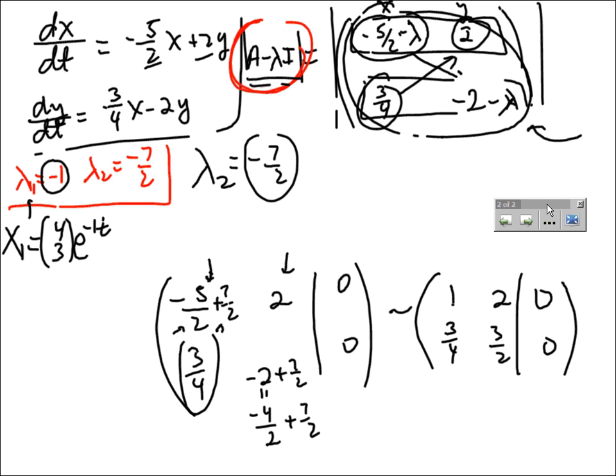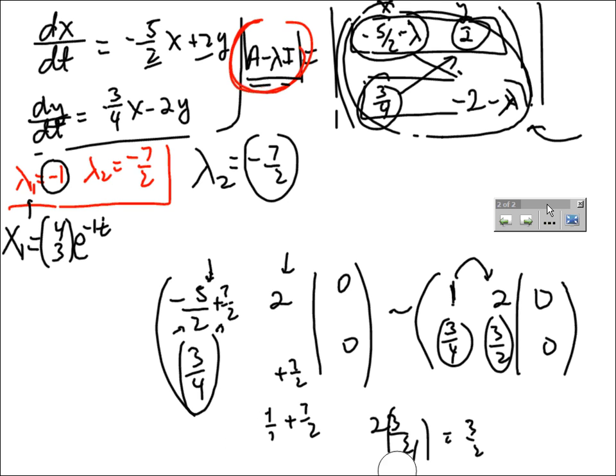Now, if you're slick, you notice that if you double this number, you get that number. And if you double this number, you get that number. That is, when you subtract those two, you're really going to get 0.